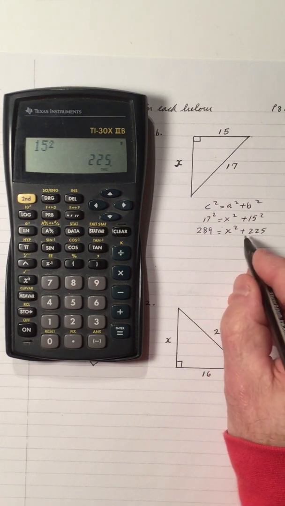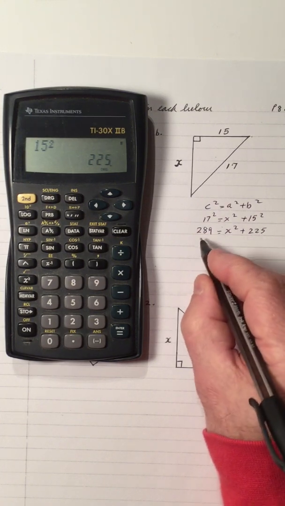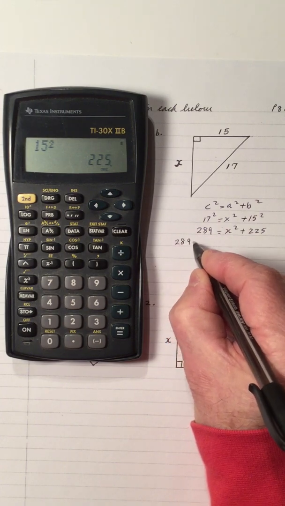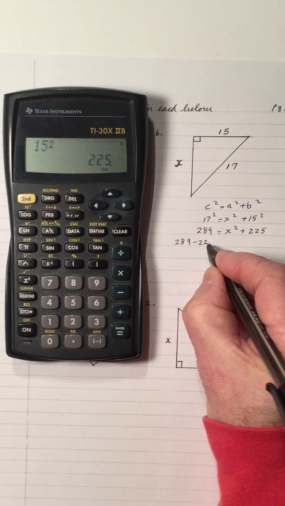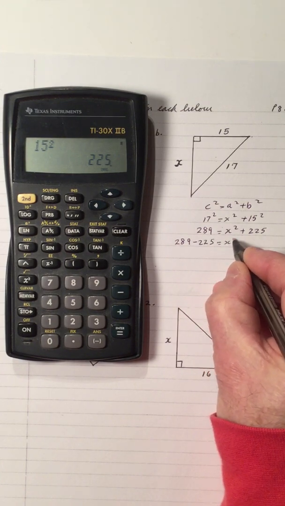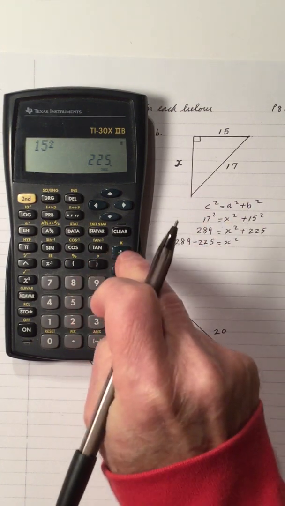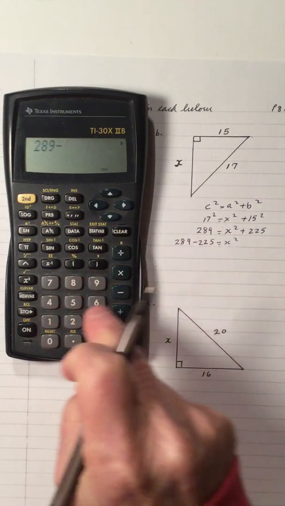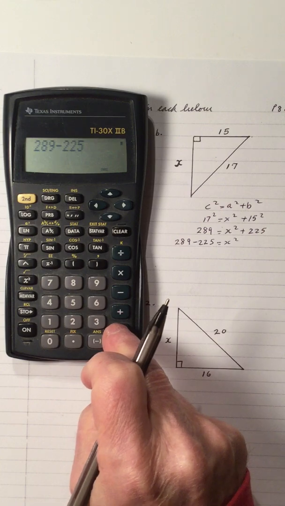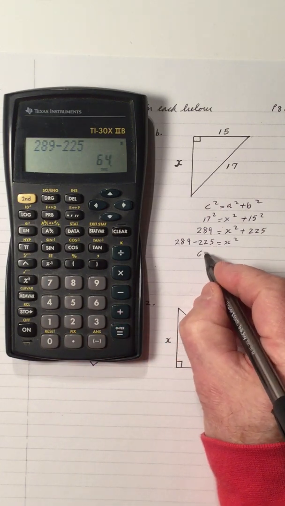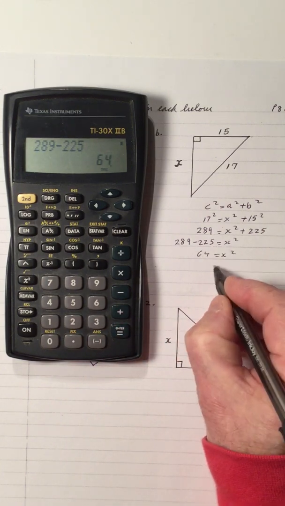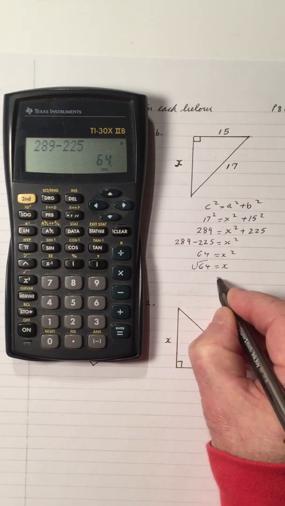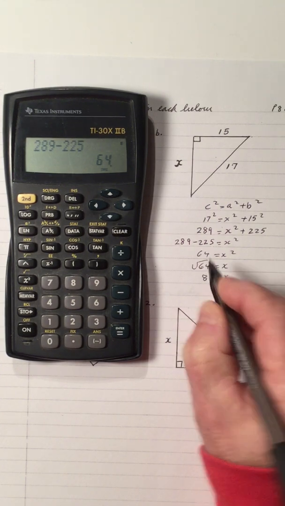And what number added on to 225 gives you 289? 289 subtract 225, you get 64. So x is equal to the square root of 64. X is equal to 8.